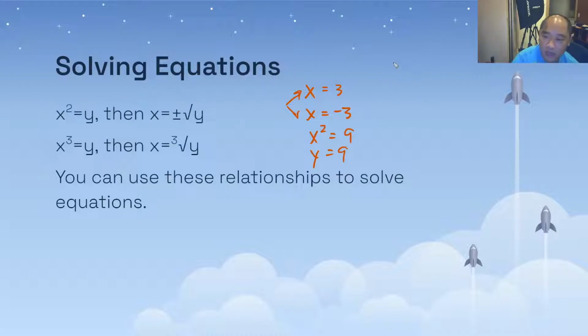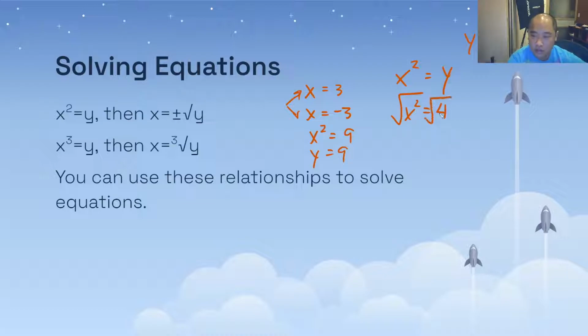If you're given the situation where you know that x squared equals y and you're solving for x, and you're told that y is some number like 4, for example, then you would say that x squared is equal to 4.